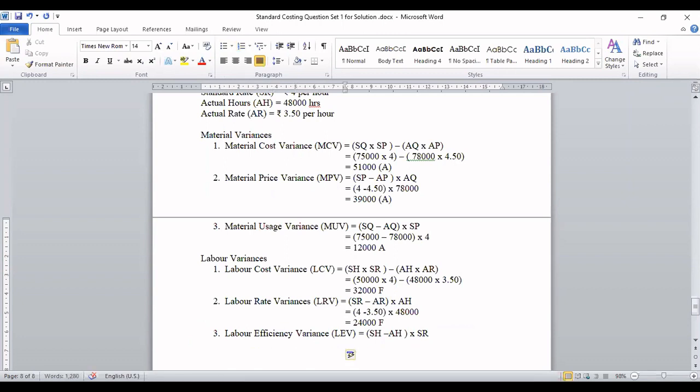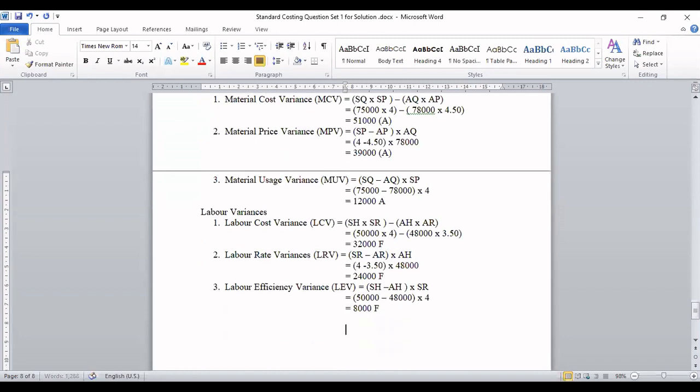Now replace the values: 50,000 minus 48,000 into 4. The answer is 8,000 favorable.